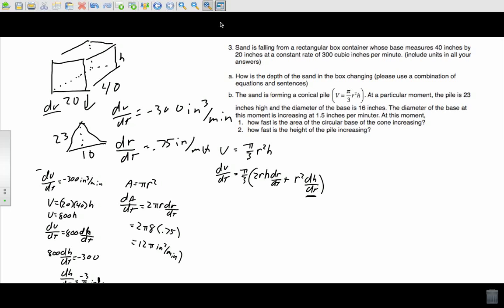The change in volume of the cone is going to be 300. Now notice it's not negative 300. It's going out of the box and into the cone. So it's positive going into the cone, 300 is equal to pi over 3 times 2, radius is 8. What is the height, did they say, for this box? I believe they said 23.